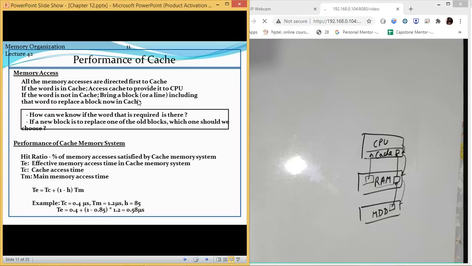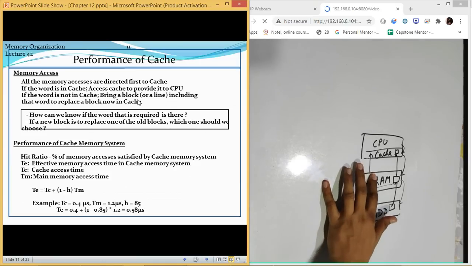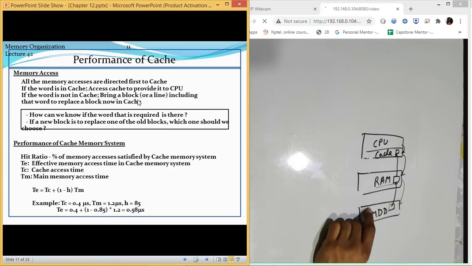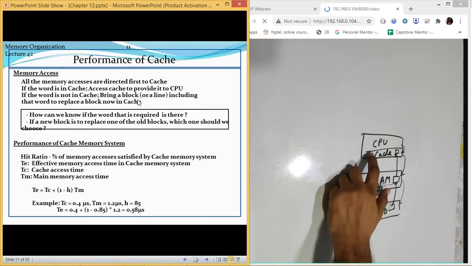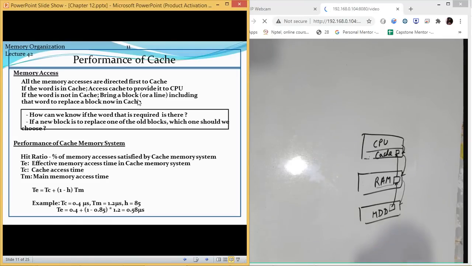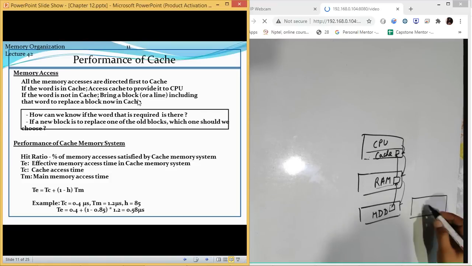Now the next thing is it raises two questions. First of all, how can we know what word the CPU requires next. And as we are also aware that the size of RAM is smaller compared to the hard disk drive, whereas cache is even smaller than RAM. So what to do with the existing blocks? I'm just taking an example, in which we are storing the data on a hard disk drive.